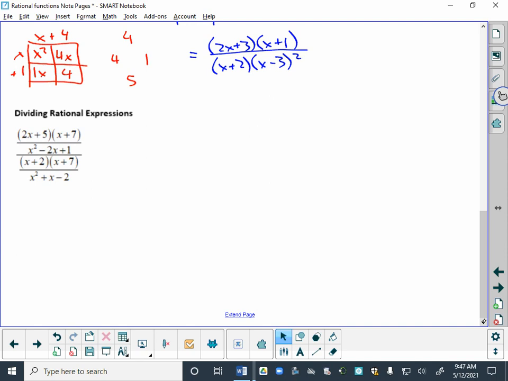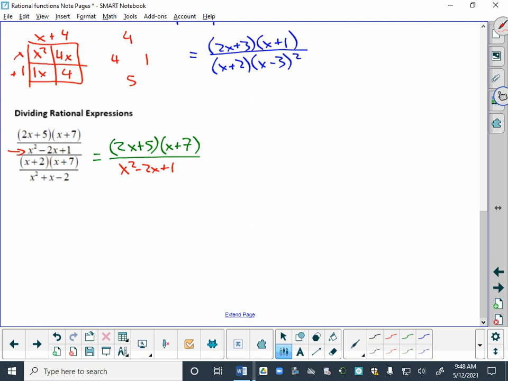All right, dividing rational expressions. So we've got a fraction divided by a fraction here. We rewrite that first of all as the 2x plus 5 times the x plus 7 over whatever. We're going to go ahead and factor this, but we'll just write it as it is right now: x squared minus 2x plus 1.